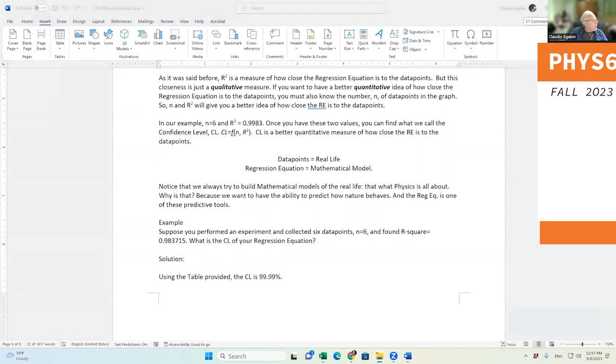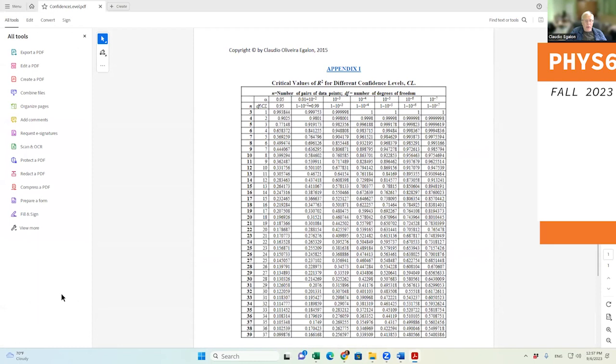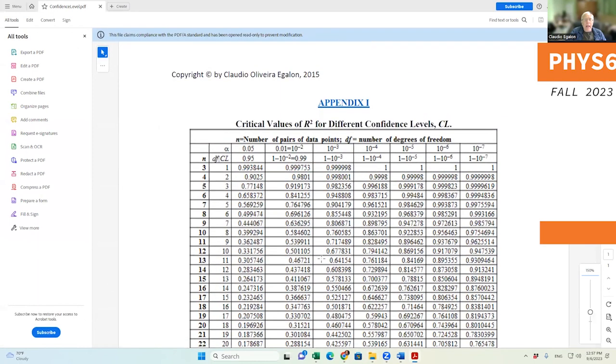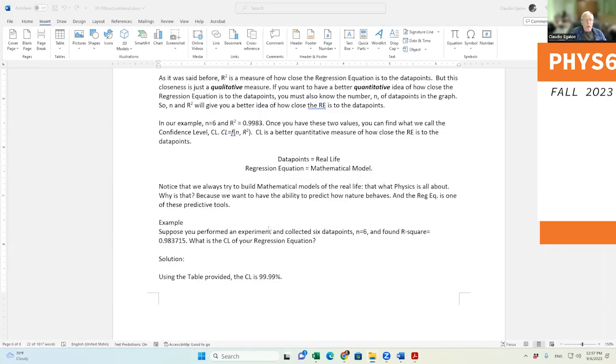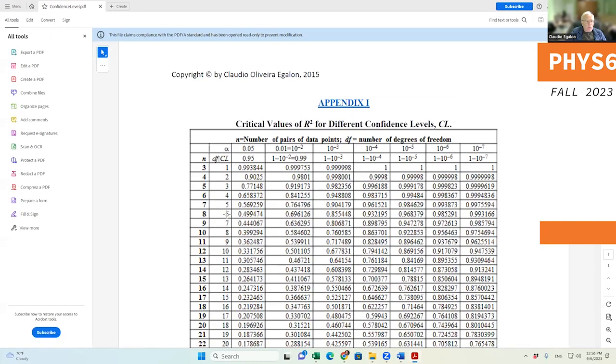I got this example in which we had an exact value for the R-square, the determination coefficient, right? So that's what we call the critical value of R-square for this specific table. And the critical value was 0.983715 for n equal to 6.